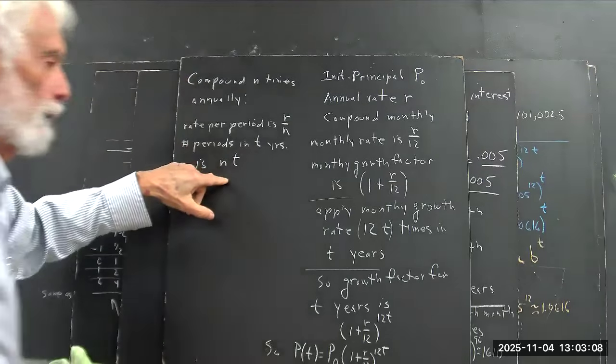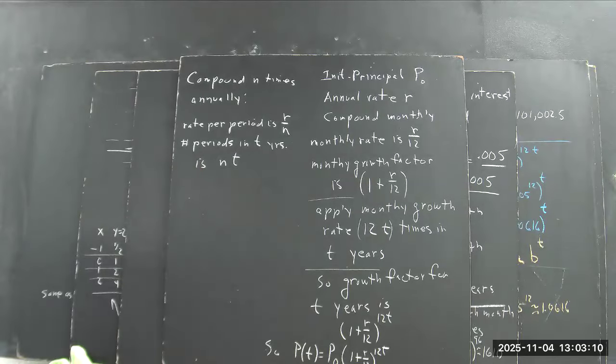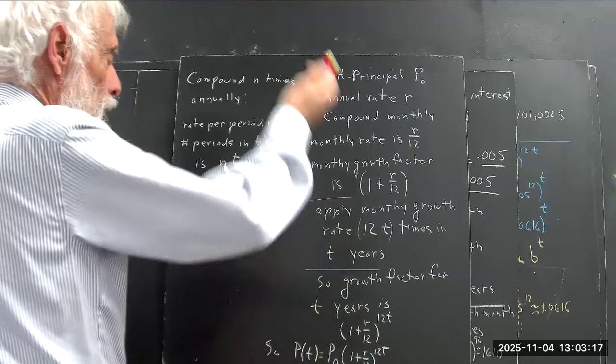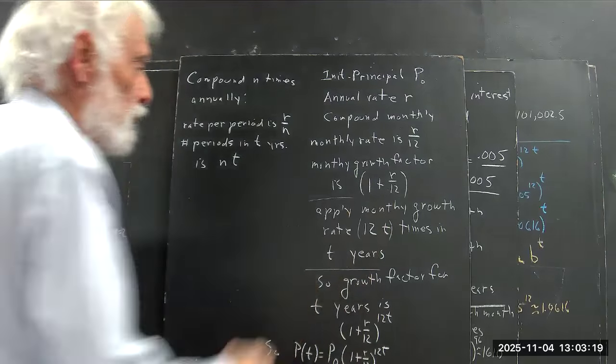The number of periods in 2 years is nt. It's exactly like this, except we're using n where we're using 12 here.